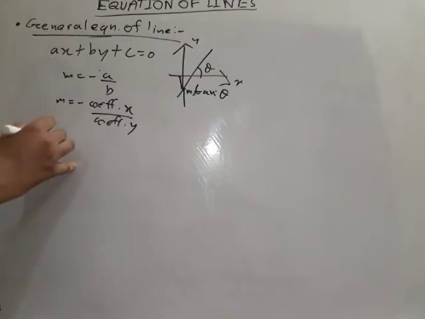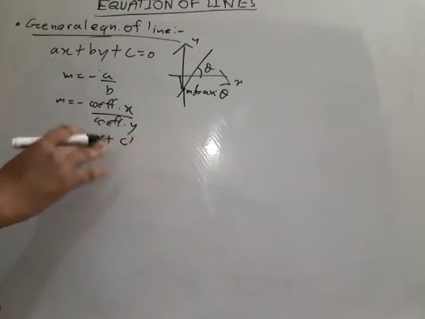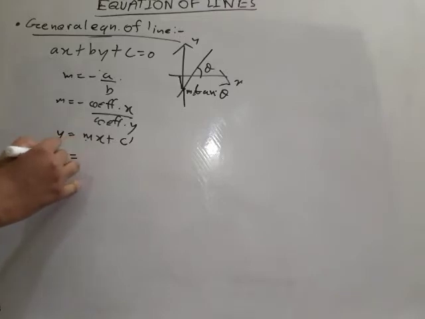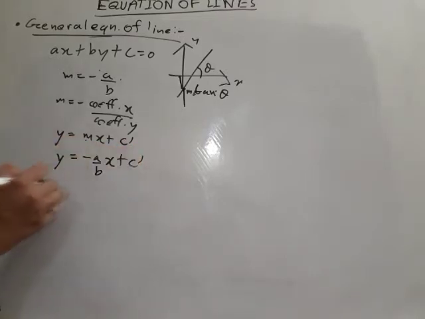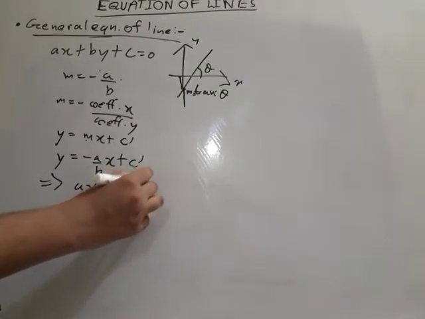Slope is the same, so y equal to mx plus, let us take it c dashed or k dashed, whatever. So m here is the slope which is the same as this, so we put it as y equal to minus a by b x plus c dashed. Rearranging the equation, ax plus by equal to b c dashed.